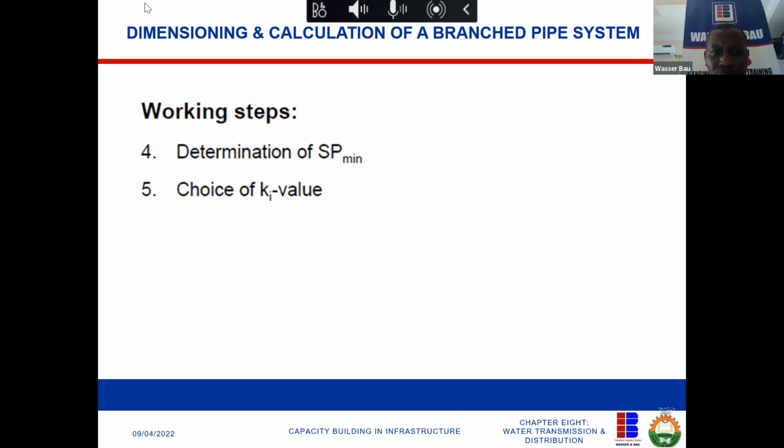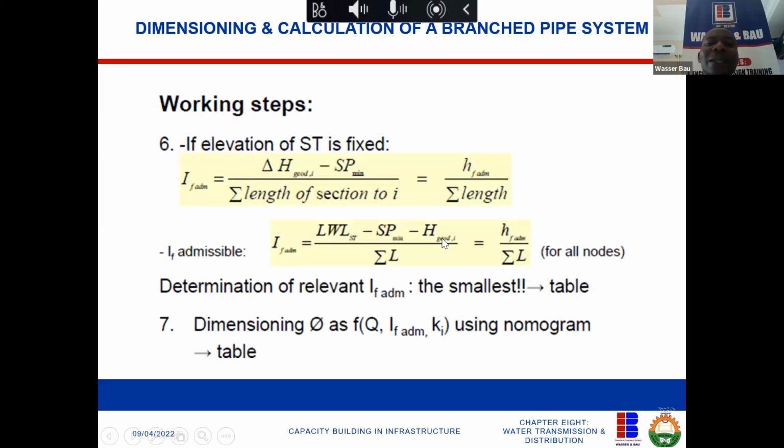Then the next one, which is number 6, you now determine the elevation of your storage tank. Some people will always ask you, at what height should your tank stand be? Well, it's very simple.